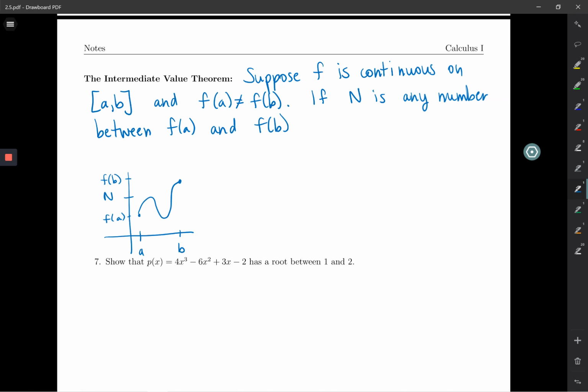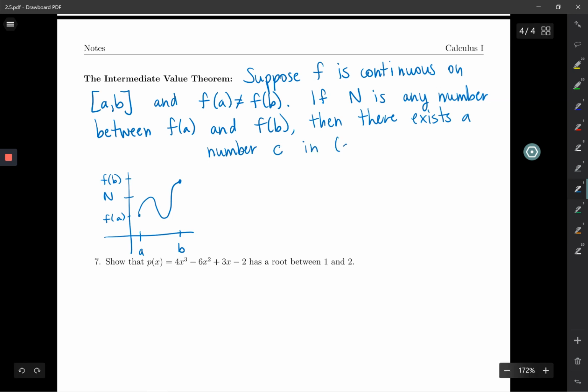Okay, so what the intermediate value theorem says is that if this is true, then there exists a number c in the interval a to b, so somewhere in this interval down here, such that f of c is equal to n.